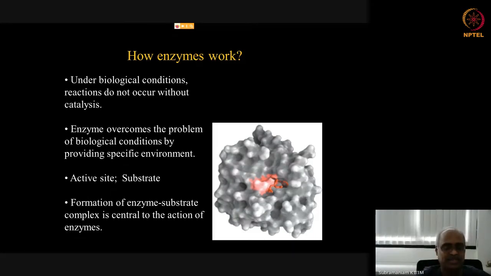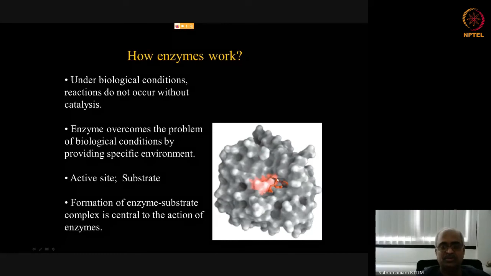The specific environment is made possible by the overall three-dimensional structure, as shown in this space-filling model on the right, where the substrate molecule is shown colored. You need a site, a workspace, where the substrate selectively fits and nothing else fits.